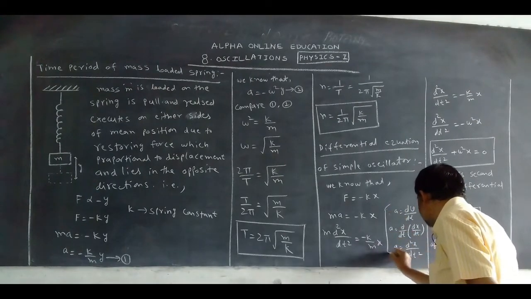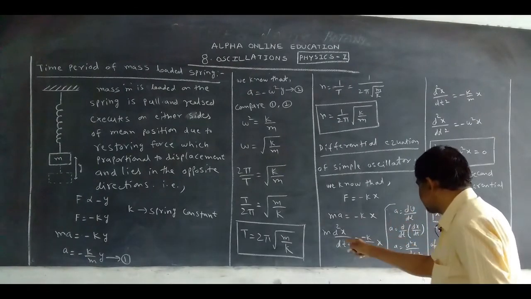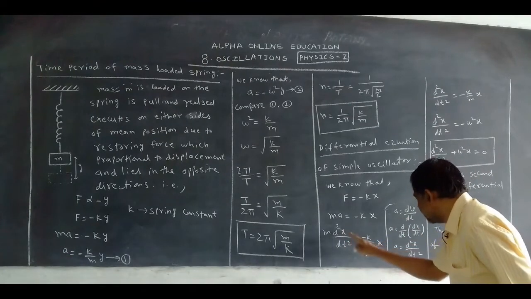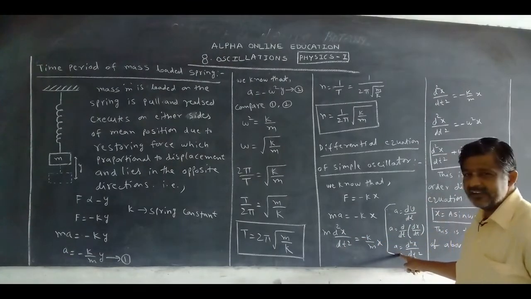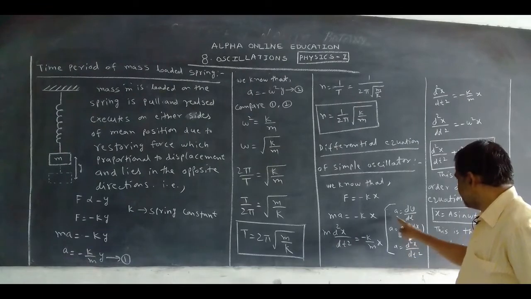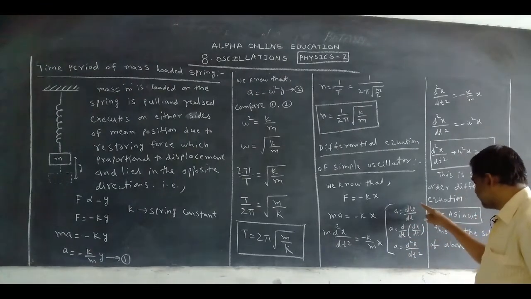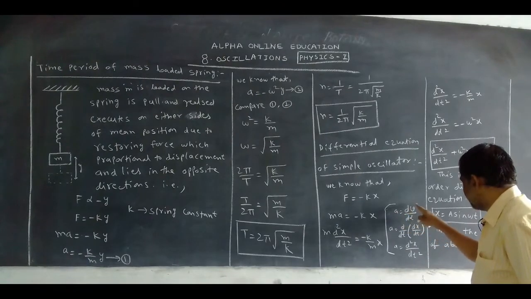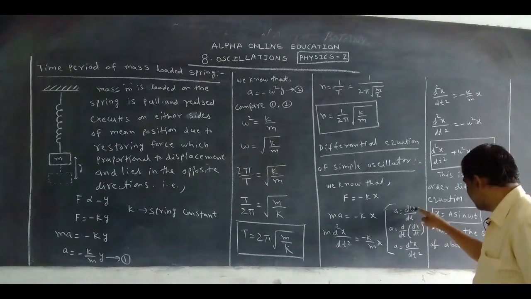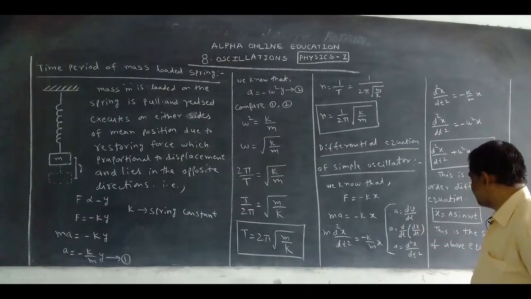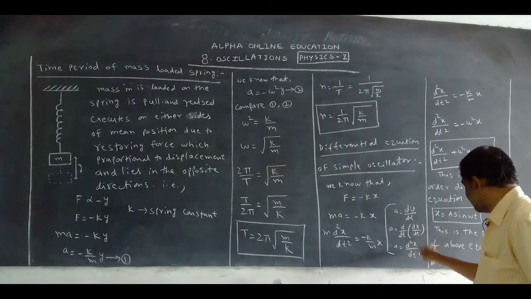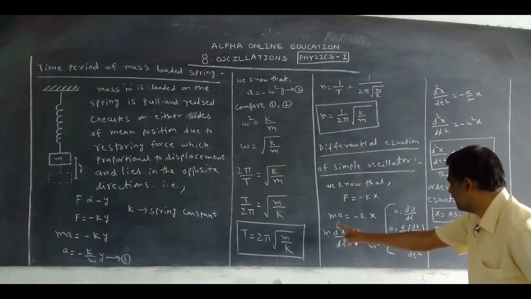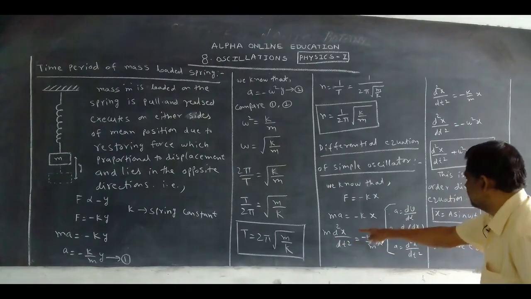This is the mechanism for it. Acceleration is the rate of change of velocity, and velocity is the rate of change of displacement. So we can write a like this.